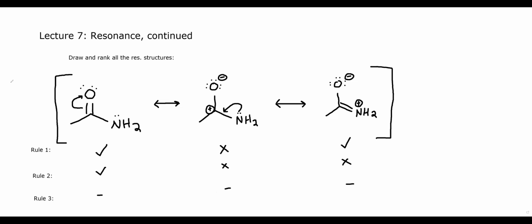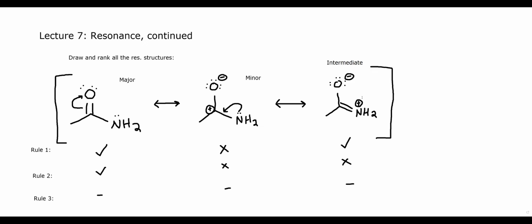So our best resonance structure is this one on the left. I will put major resonance structure there. The one in the middle is going to be the minor resonance contributor. And the one on the right here is sort of an intermediate resonance contributor.